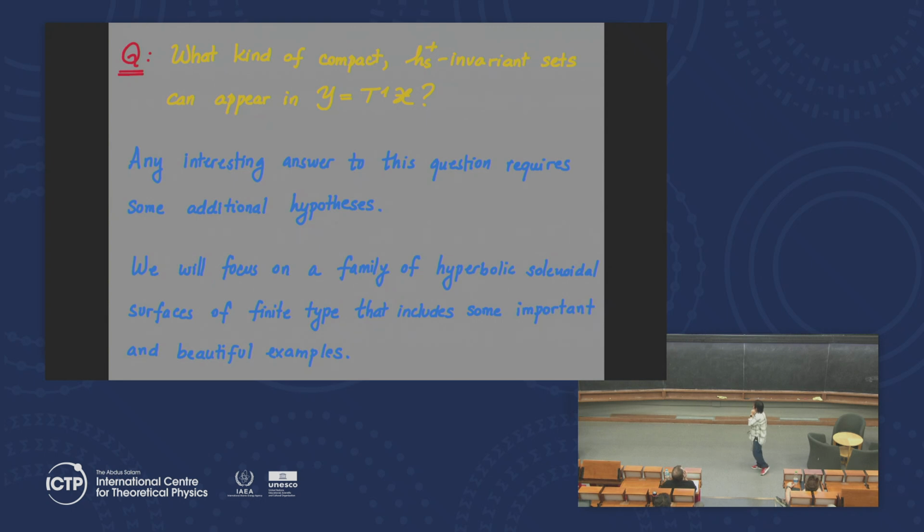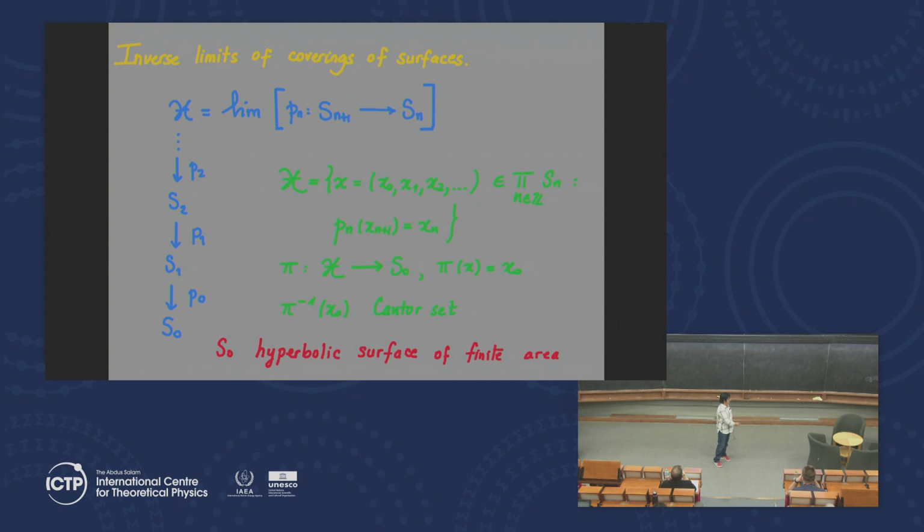So, and I'm coming to Andres' question, we're going to focus on some subclass of these surfaces, some subclass which we like. It has some important and beautiful examples, and I'll be more precise in a minute. So the subclass is the following.